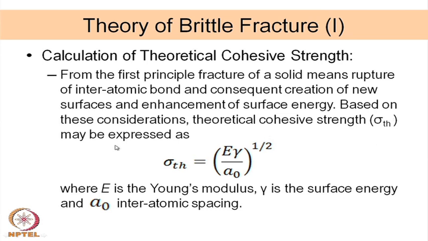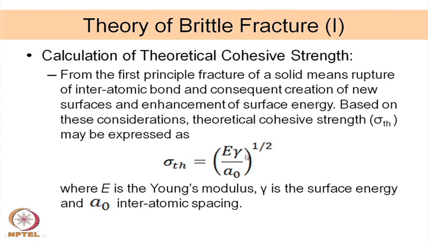that is, the stress required to separate the two layers of atoms. This can be expressed by a formula like this. E is the Young's modulus, that is, the slope of the stress-strain curve.